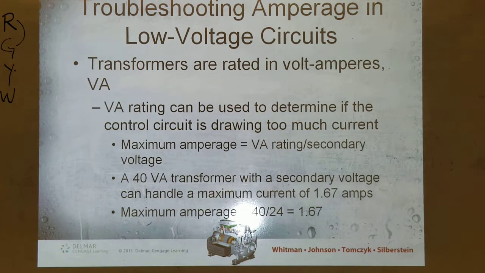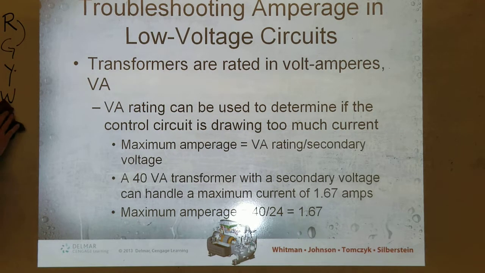Max amperage equals VA rating divided by secondary voltage. A 40 VA transformer with a 24 volt secondary can handle a max current of 1.67 amps.